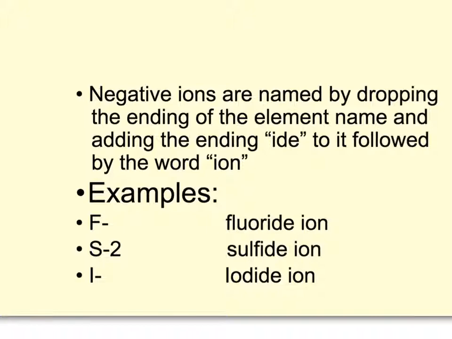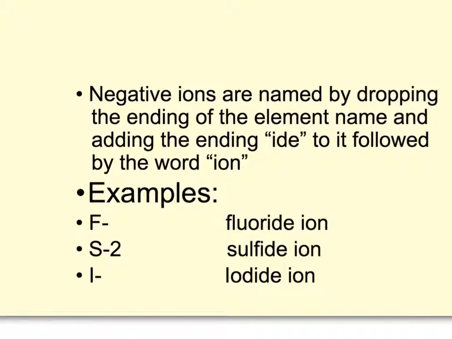As we move on to our anions, or our negatively charged ions, we are going to do something a little bit different. We take the name of the element from the periodic table, but we drop the ending and add IDE. We still include the word ion after the name. For example, F negative 1, F stands for fluorine. We drop the ending, add IDE, so we have fluoride ion.